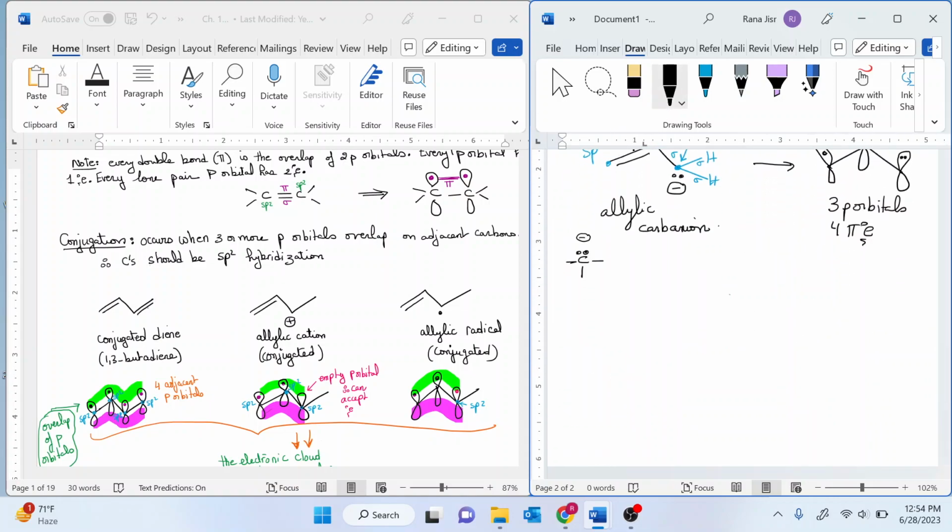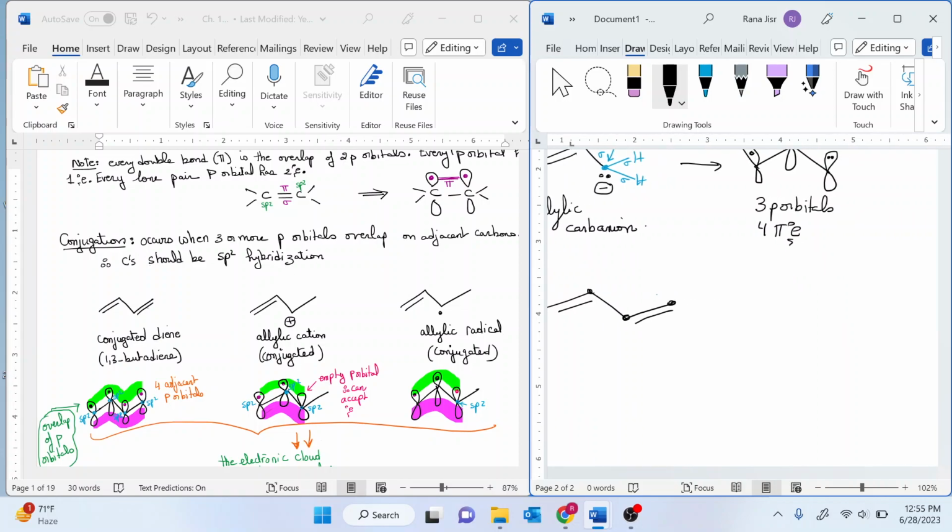If I have a system of 2 double bonds, which we've considered before, then in this case I'm going to end up having 4 p orbitals. So let's go ahead and draw these 4 p orbitals. Each of the p orbitals is going to have 1 electron, because remember, every sp2 hybridized carbon is left with 1 electron in the p orbital.